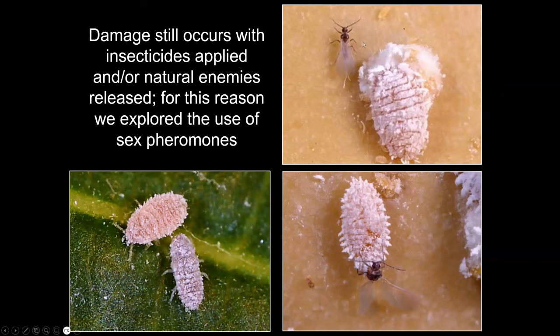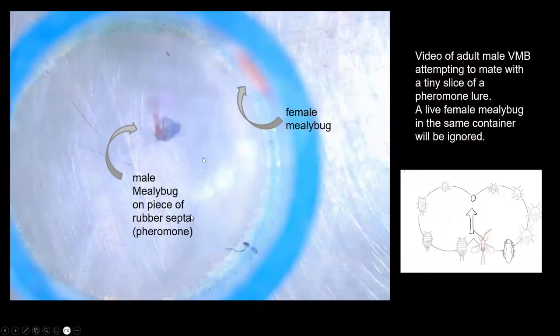Just pictures here. We've got the adult male mealybug next to a female putting on an ovisac, adult male mealybug copulating, female mealybug up here on top, down below the skinnier, longer, immature mealybug. We see here how mating disruption works. That is a sliver of a rubber septa for monitoring mealybugs.